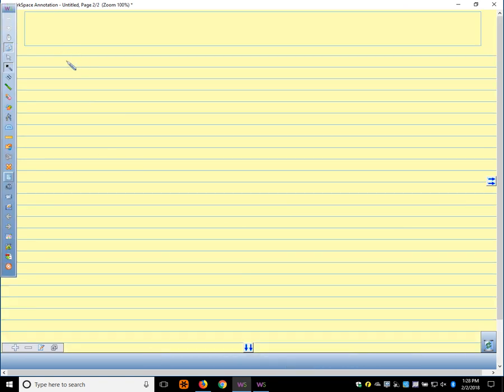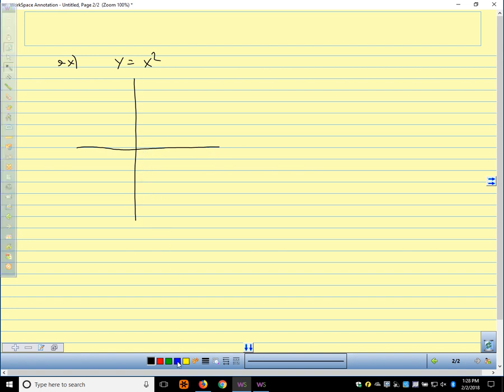All right, so y equals x squared. So that's a nice parabola. I'll make it in blue. So it looks something like that.